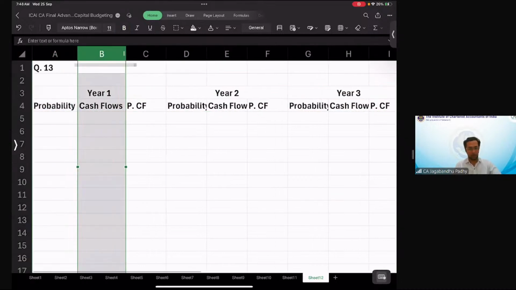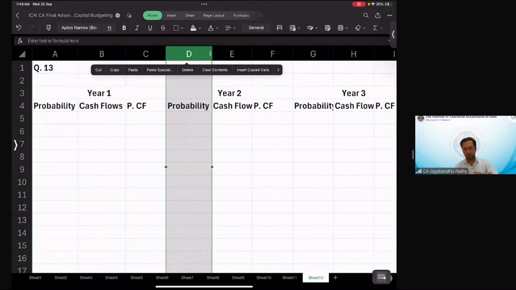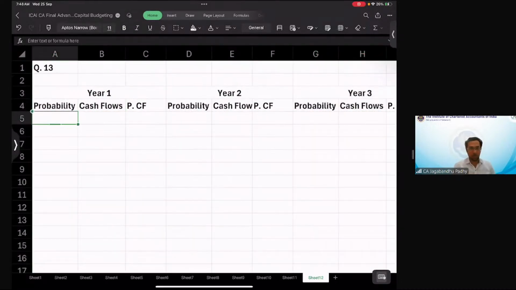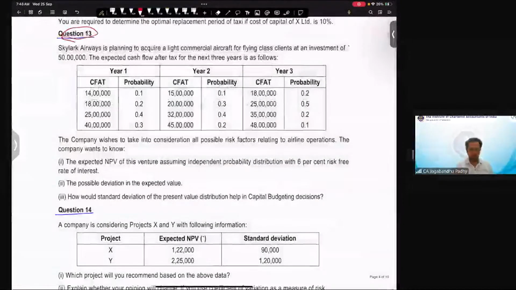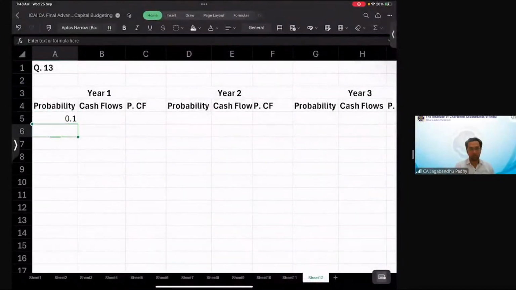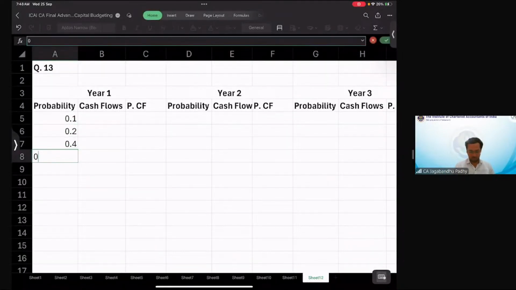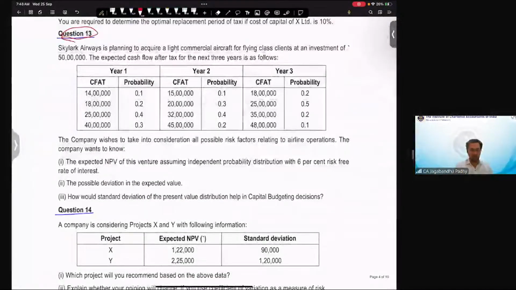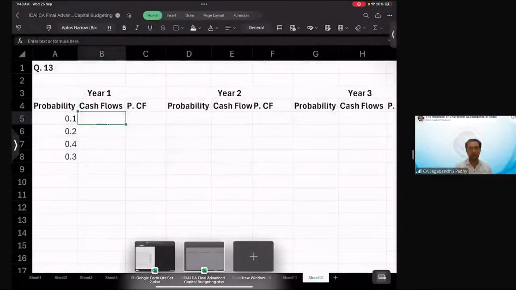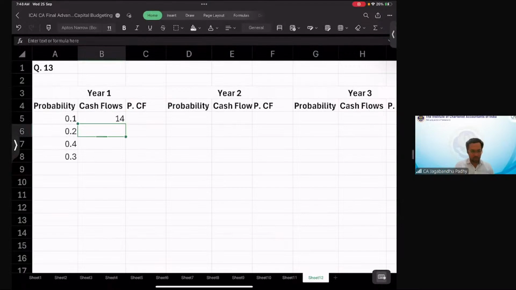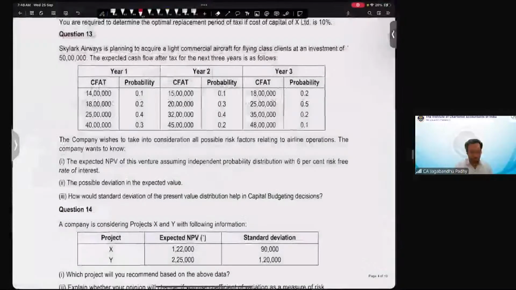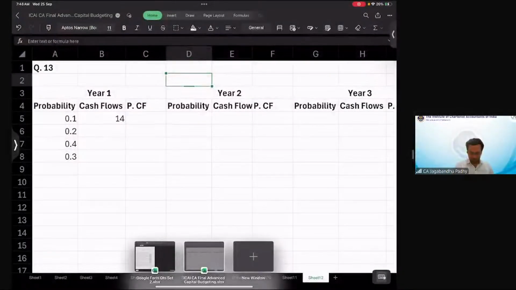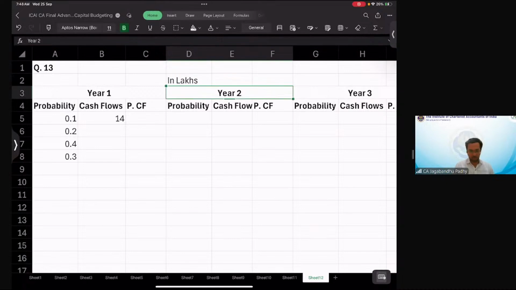Now, year one, the probabilities are 0.1, then we have 0.2, 0.4, 0.3. And for each of these in year one, we have the cash flow after tax available. Let me take everything in terms of lakhs. Let's calculate all the values in lakhs.